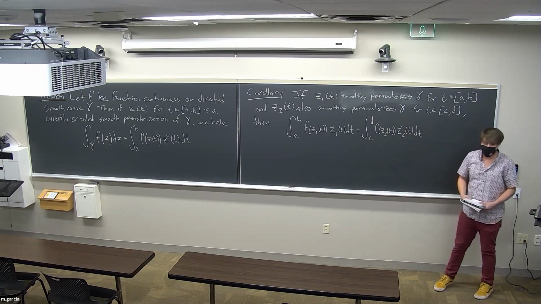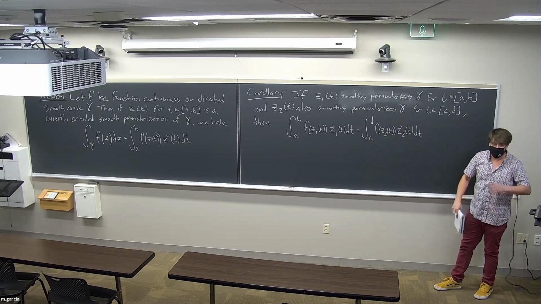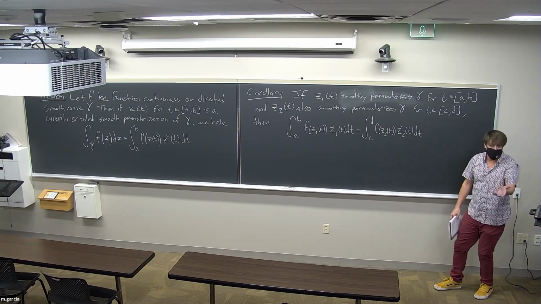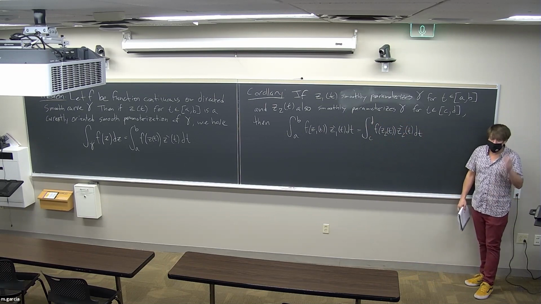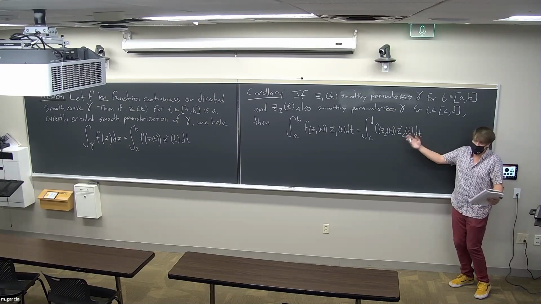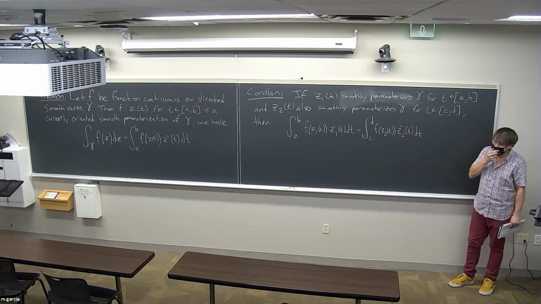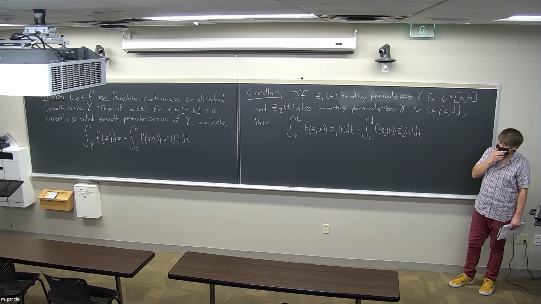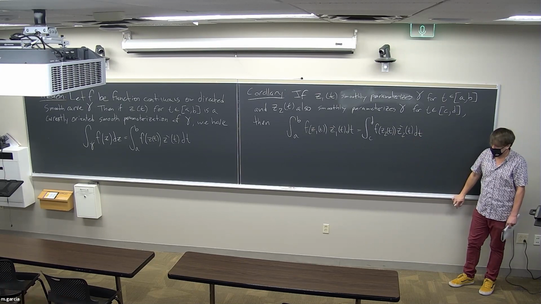I think T is the same variable, but in the left integral it's taken along A and B. Yeah, exactly. It's taken in a different domain. So I think I'll leave this just because of convention. It's like drawing a picture of it, right? You'd have some gamma, and at the beginning you have Z1 of T equals A at the initial point, and Z1 of T equals B, and then the endpoint would be the same for Z2 of T equals C and Z2 of T equals D, right?